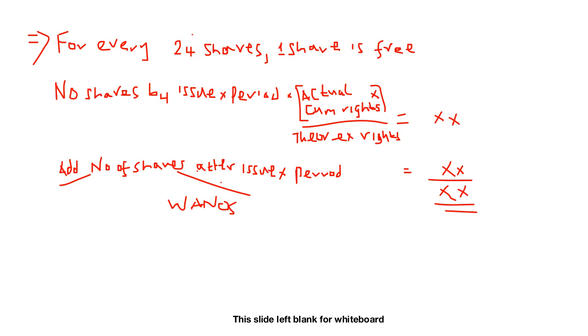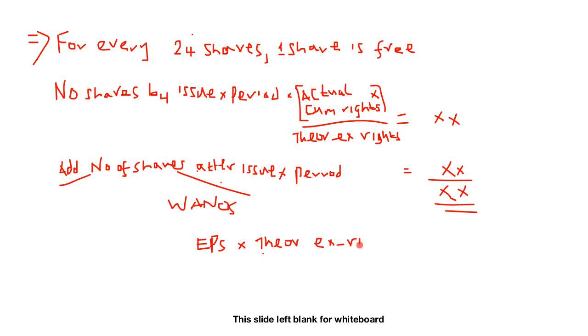And when you are adjusting the previous year's earnings per share, you take the earnings per share for the current year times the theoretical X rights price.